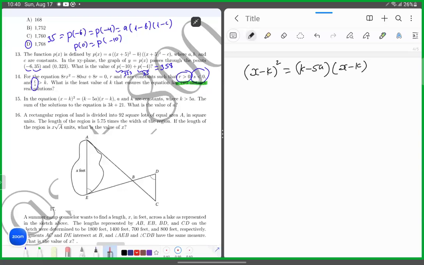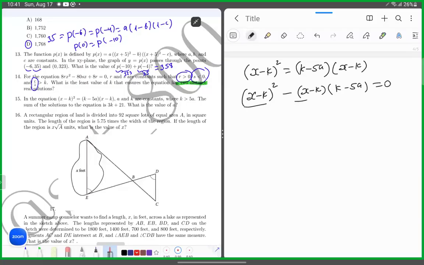We can solve it the easy way, like solving this equation: x minus k squared minus x minus k times k minus 5a equals 0.